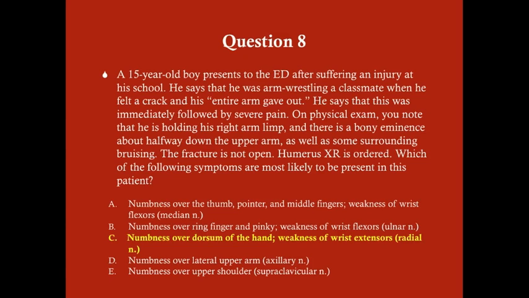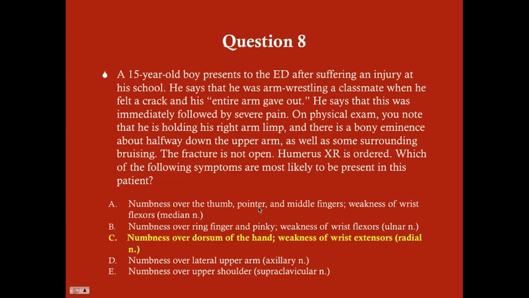So anytime you have a break to the shaft of the humerus, the radial nerve is very, very endangered. So just from seeing that it was a humeral shaft break, you should know that it's going to be the radial nerve, and from then you can just look down the list and see which one of these is the radial nerve.